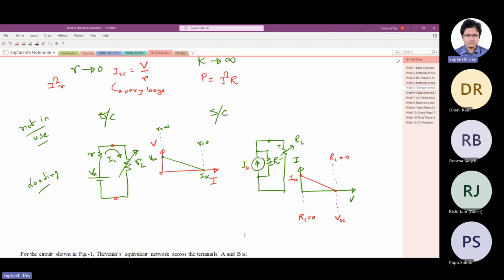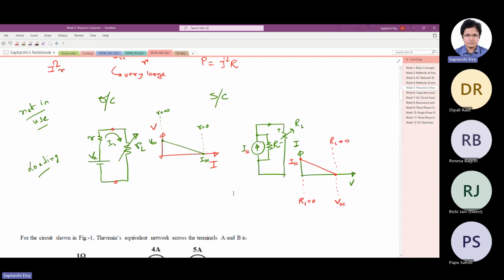So as I said, we live in a world of voltage sources. That is why all our protective gears, like our MCBs and relays, are meant for short circuit protection. If there is a short circuit, it will trip, meaning it will open circuit the source.